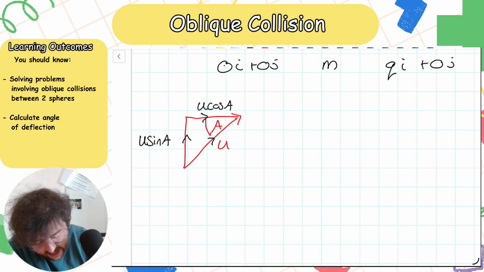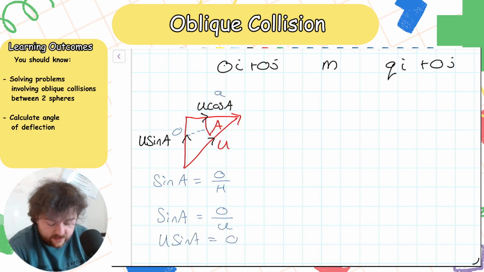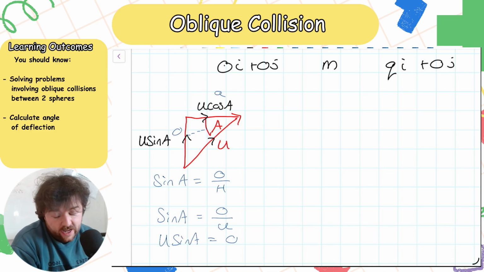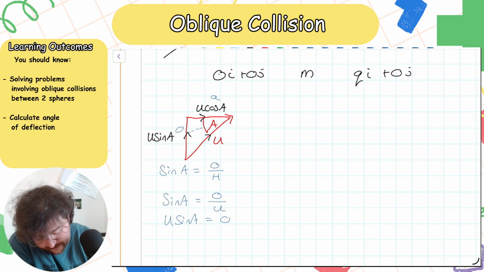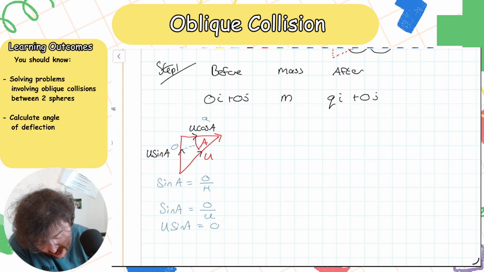So how do we get that? Well, this is my opposite and this is my adjacent. Sine A is equal to my opposite over my hypotenuse, so sine A is equal to the opposite over u, so u sine A is equal to the opposite. Therefore that side is u sine A, and the same can be applied to find u cosine A. The same can be applied for afterwards.